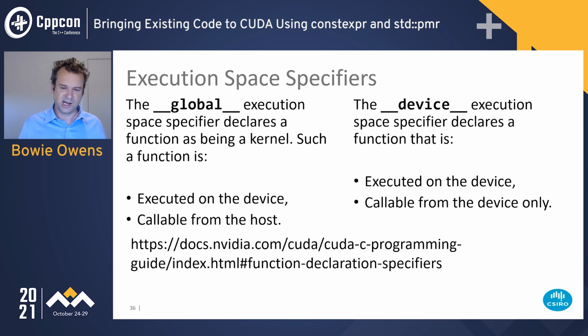Now, the second specifier, which someone asked about earlier, is the __device__ execution space specifier. It declares a function that is executed on the device, but is only callable from the device, which means that it needs to be called either from a __global__ function that started the chain, or indirectly through another device function.